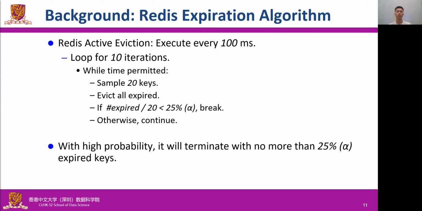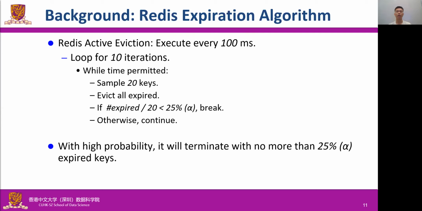For each iteration, if time permitted, it would sample 20 keys and evict all expired ones. If the proportion of expired keys exceeds a threshold, say 25%, it will go to the next iteration. Otherwise, it will break the current iteration.